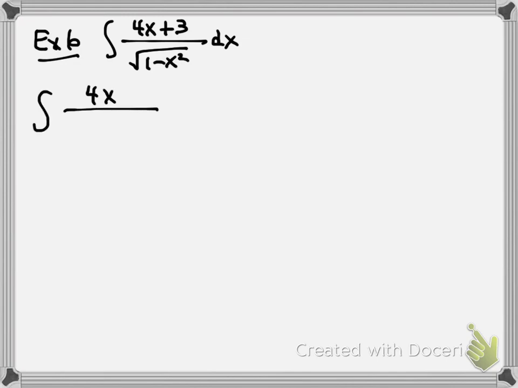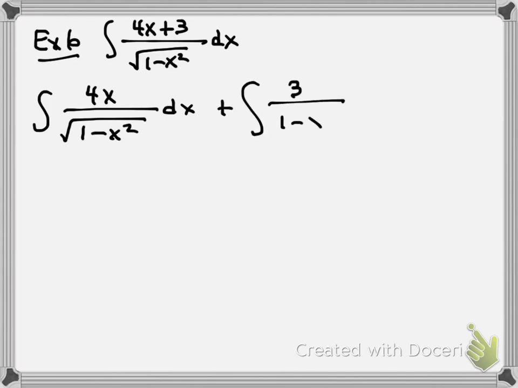We're going to say, hey, we've got the integral of 4x over 1 minus x squared dx plus the integral of 3 over the square root of 1 minus x squared dx. So just separating it into 2 separate problems, since they have the same denominator, we can do that.